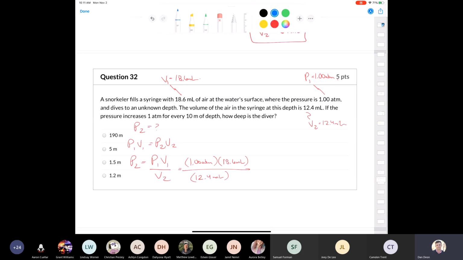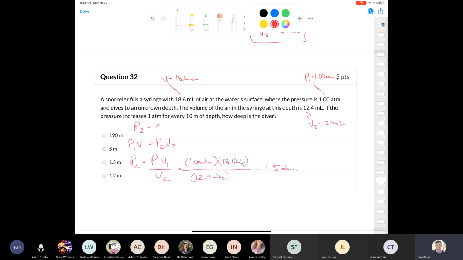The milliliters cancel out, and I'm left with my pressure, which is 1 times 18.6 divided by 12.4, and I get 1.5 atmospheres. So the diver went down and the pressure reached 1.5 atmospheres.